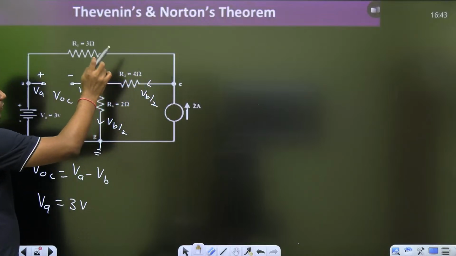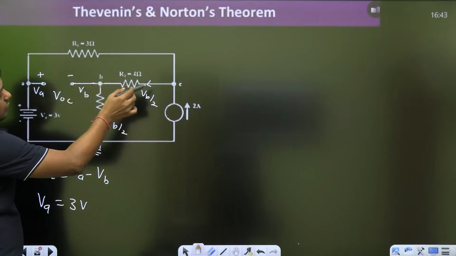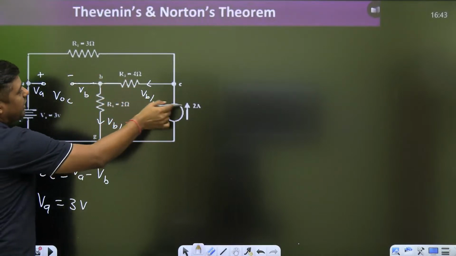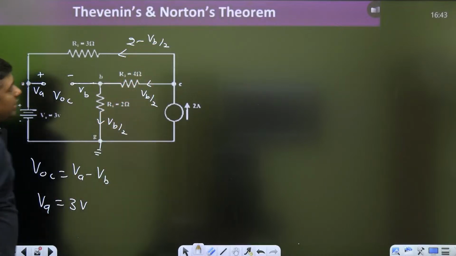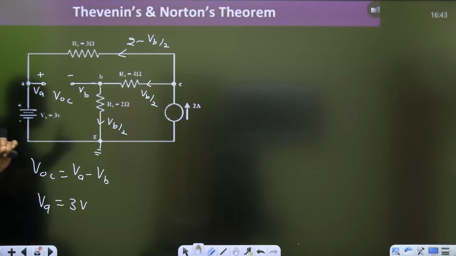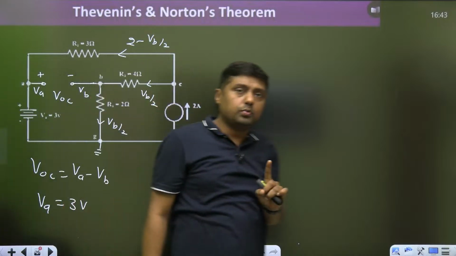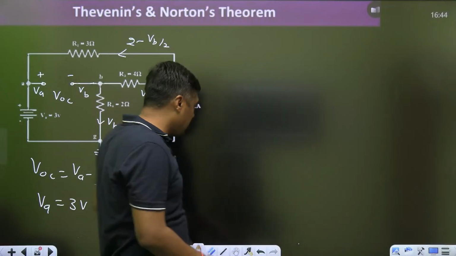Now, if you have the voltage or you have the current, what is the current here? This is the VB/2, this is the 2. So this will become 2 minus VB/2. Right, now we have the current. Can we apply the KVL? Yes, we can. Always remember, we can write the KVL in a closed loop. We can't write the KVL with the current source.